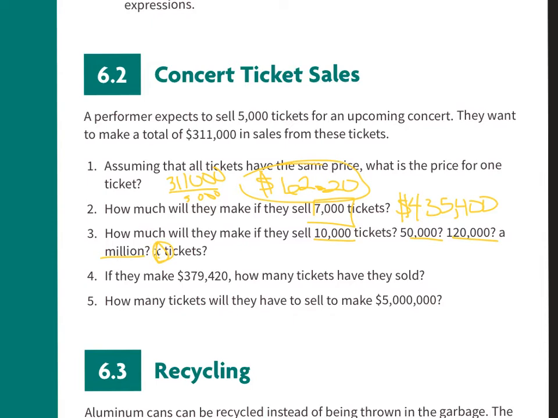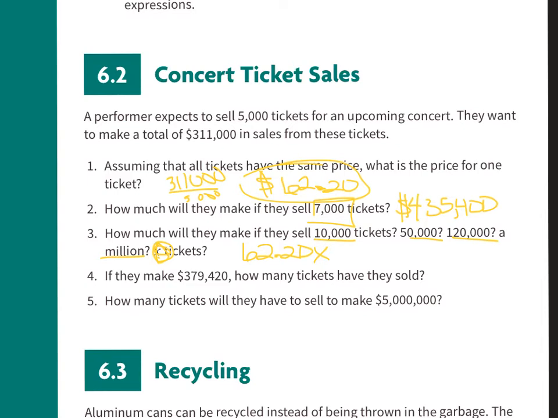Okay, we're not going to figure out the others, but we could just multiply 62.20 times each of them. I'm going to do it by X. So remember, when we multiply a number and a variable, we just put them together. So 62.20 times X is just 62.20X.